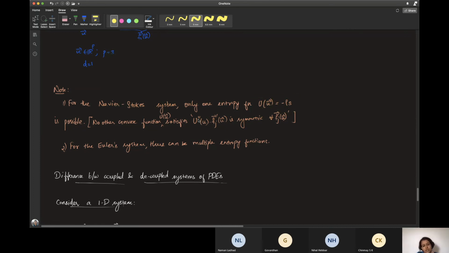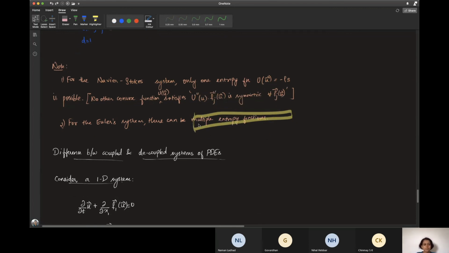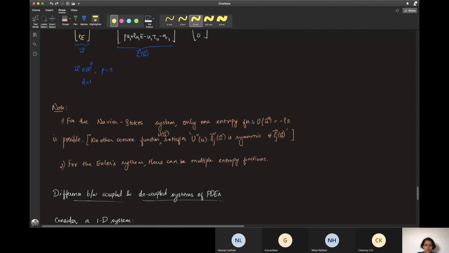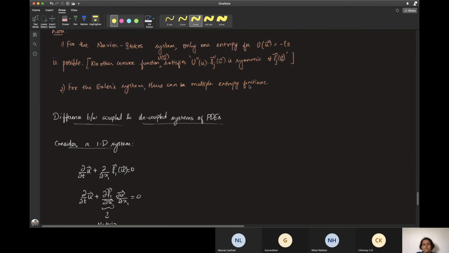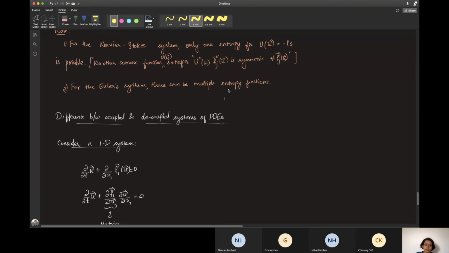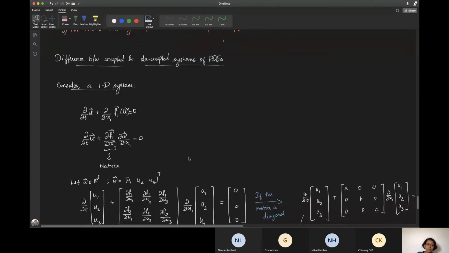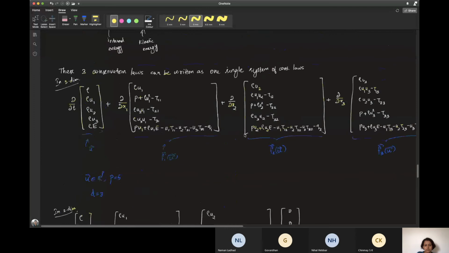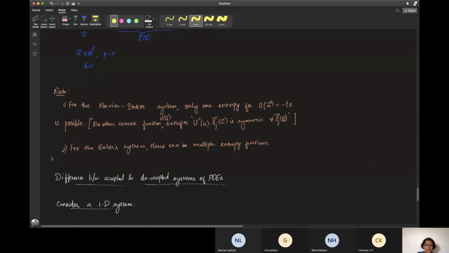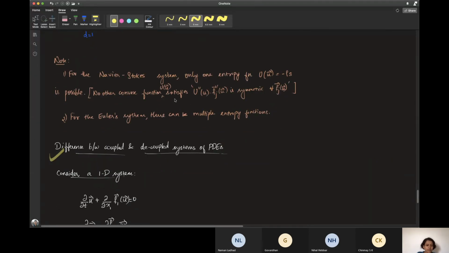This function satisfies this property and is the only possible entropy function. For the Euler system, without the viscosity and heat diffusion terms, we can have multiple entropy functions. These are certain things I wanted to emphasize.